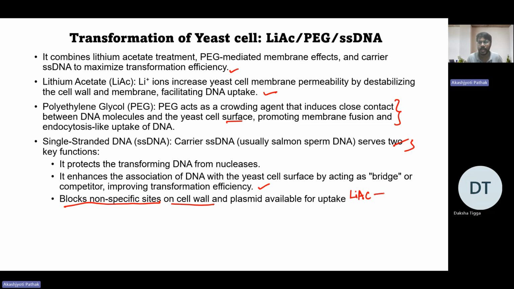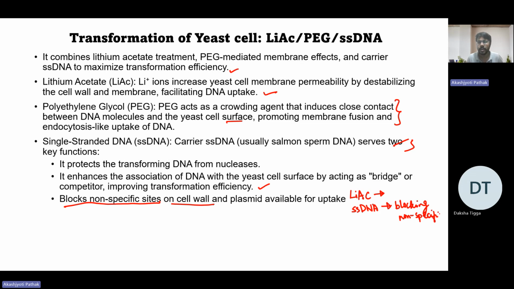So what is your lithium acetate doing? Your lithium acetate is mainly permeabilizing the cell wall and cell membrane so that the foreign DNA can be taken up by the cell. Next, what is your single-stranded or carrier DNA doing? It is blocking the non-specific sites on the yeast cell surface.